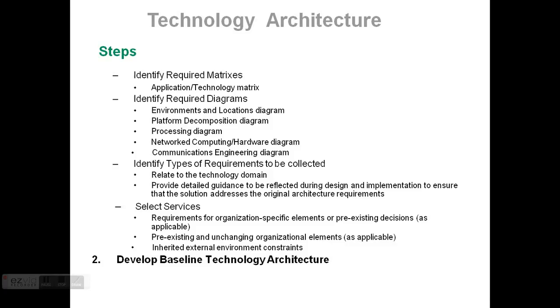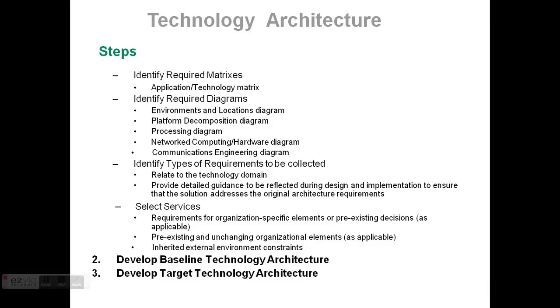The scope and level of detail to be defined will depend on the extent to which existing technology components are likely to be carried over into the target technology architecture, and on where the architectural descriptions exist, as described in TOGAF documentation point 12.2.